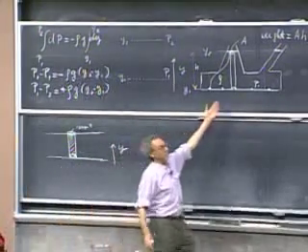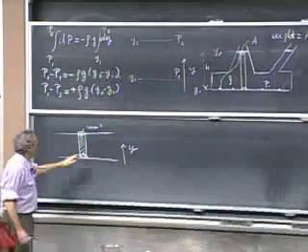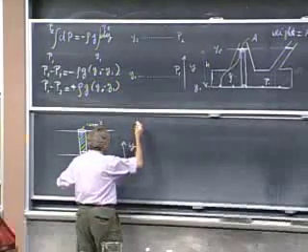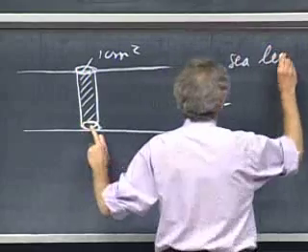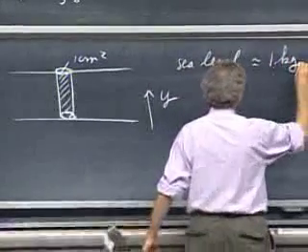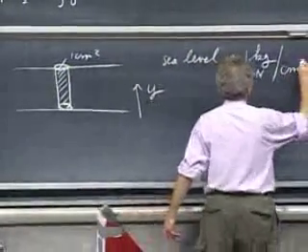Because I do that there, so that works, so that should work here. And what I find then, that at the bottom, at sea level, I find roughly 1 kilogram force, which is 10 newtons, per square centimeter.